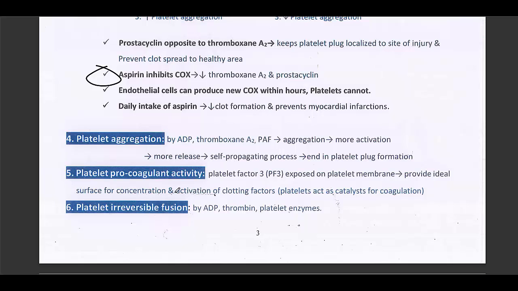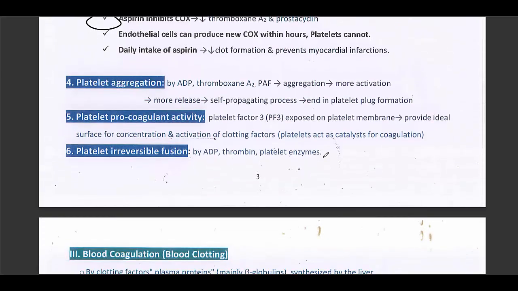Platelet factor 3, PF3, is exposed on the platelet membrane and provides an ideal surface for concentration and activation of clotting factors. Okay. Platelets act as catalysts for coagulation. The final point is platelet irreversible fusion by ADP and thrombin platelet enzyme.